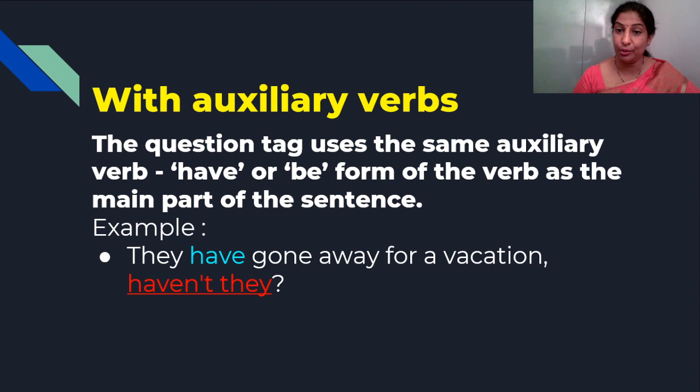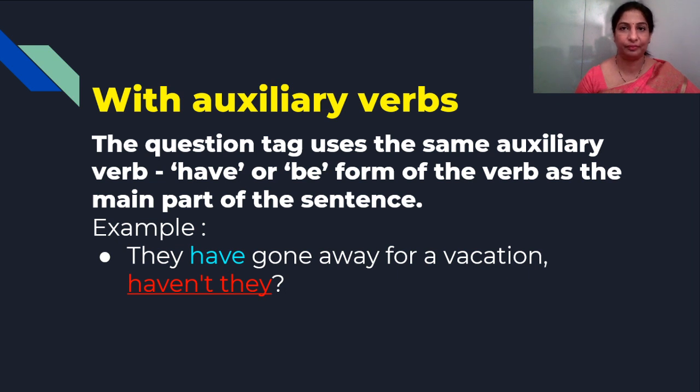The question tag uses the same auxiliary verb, have or a form of be, as the main part of the sentence. Example: they have gone away for a vacation, haven't they? Here, have is the auxiliary verb. It is used in its negative form in the question tag, haven't. Haven't they?